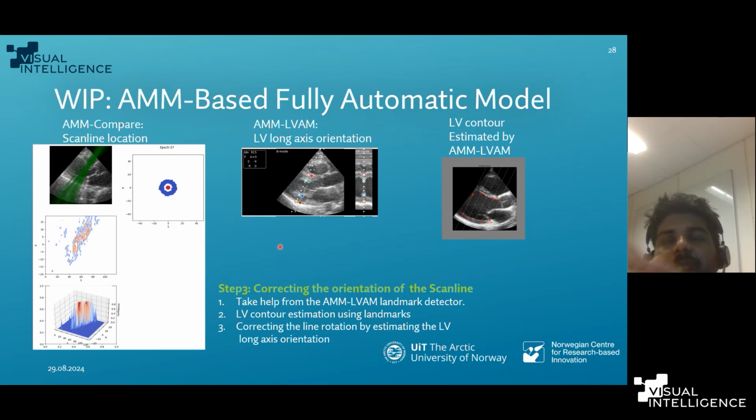These images are not the same images because I did these three kinds of experiments. Whenever we know the contour of the left ventricle, because this AMM model is robust to near perturbations of the original scan line, we can determine the left ventricle long axis and try to correct the prediction of this network. We do this in a circular fashion and try to correct the rotations.